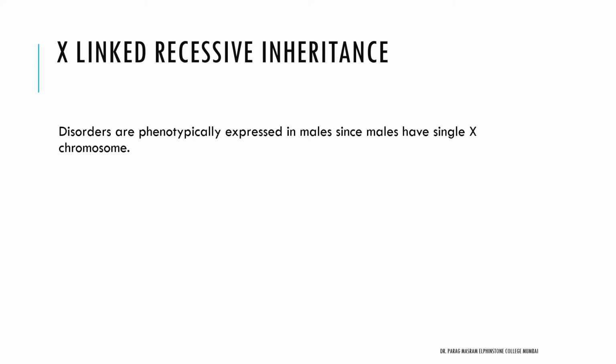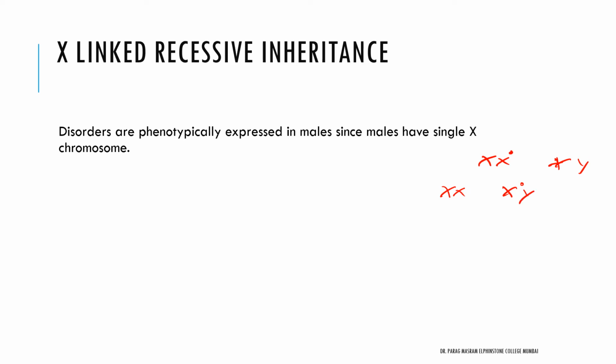Because it is recessive, it is compulsory that the female, the mother, and the father. Suppose this is an affected X chromosome. The mother is going to give one affected, one normal. The father is going to give one X chromosome and one Y chromosome.